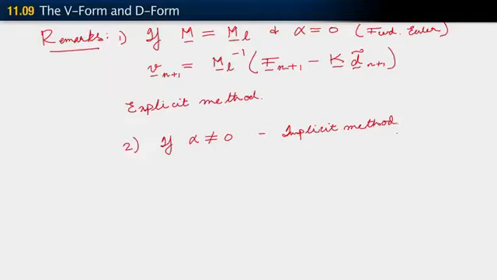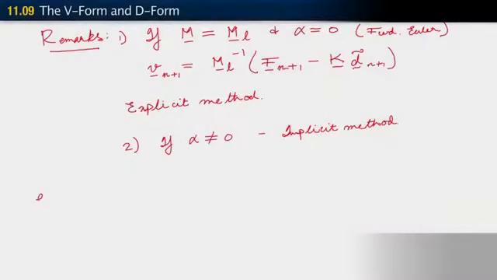All right. So these are two remarks to make, and what we will do is move on and proceed directly to the other canonical solution method, which is the D method.